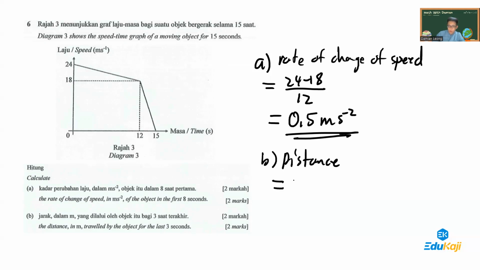Distance is just the area of the triangle, half times base times height, base 3 seconds times height 18 meters per second. So half times 3 times 18 is 27 meters. That is question 6.